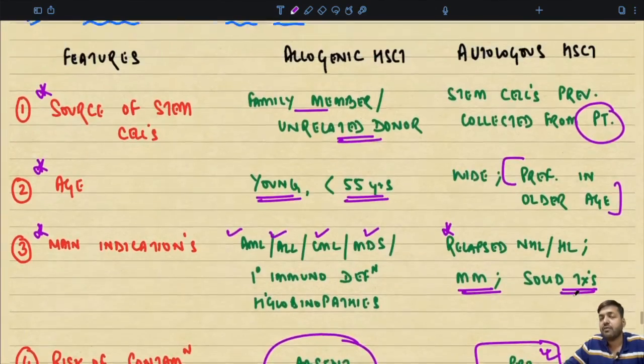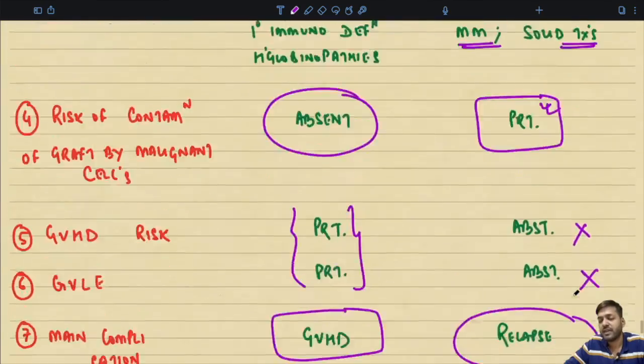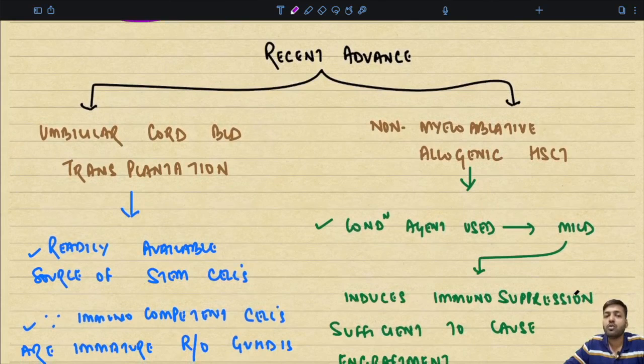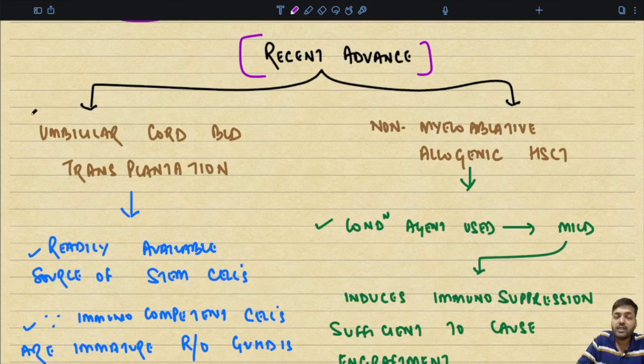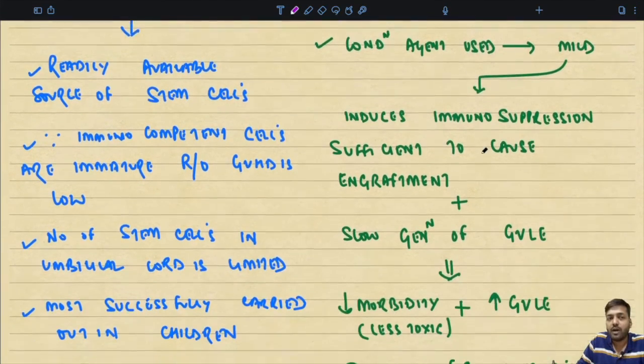So with this, we have completed in detail the allogenic versus autologous varieties of HSCT. Now we are going to end this lecture by throwing light on certain recent advances. There are two more kinds of stem cell transplant: one is umbilical cord blood transplantation, and another is the non-myeloablative allogenic variety of HSCT. First, umbilical cord blood transplantation.